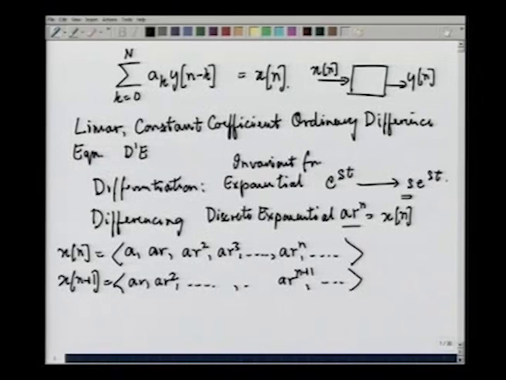Now, there are two things to recognize about these two sequences. The first is that there is a constant ratio between corresponding members of the sequence.